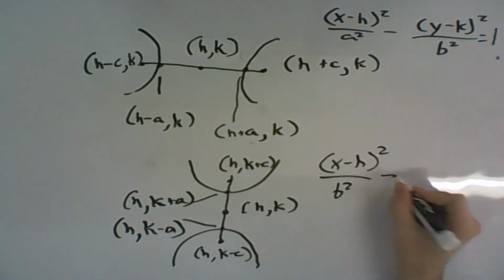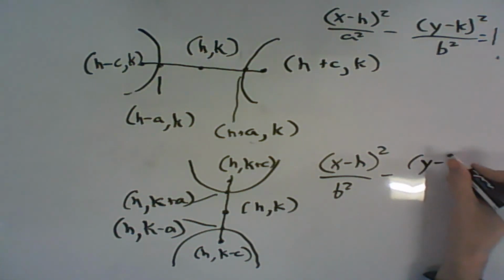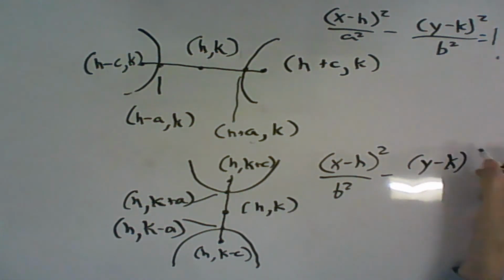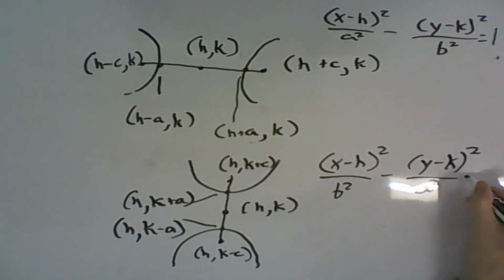So B squared would be under X squared, and A squared is under Y squared.